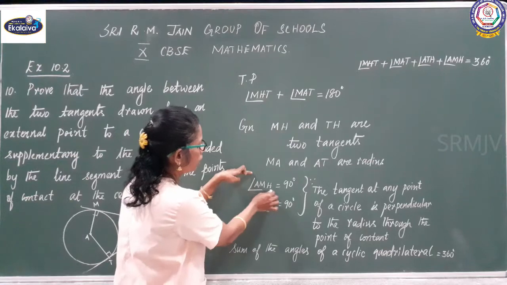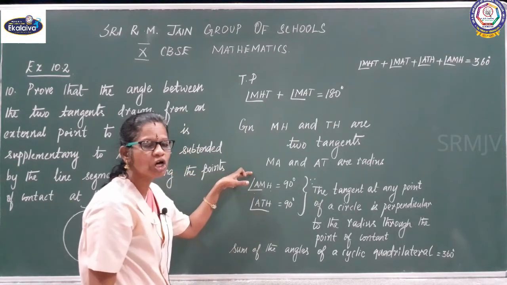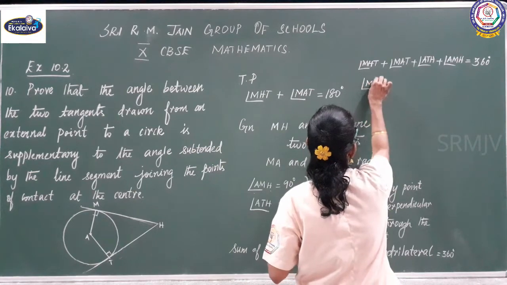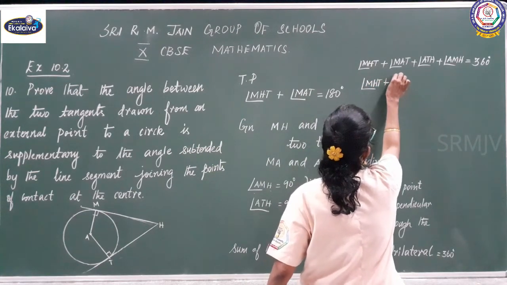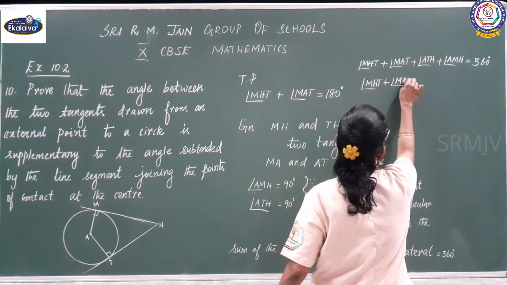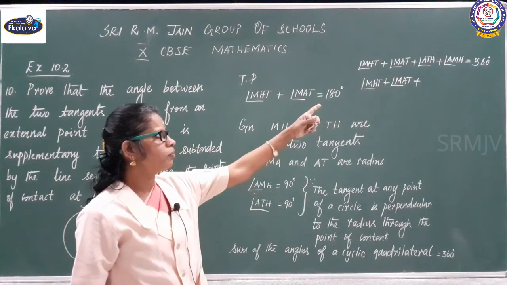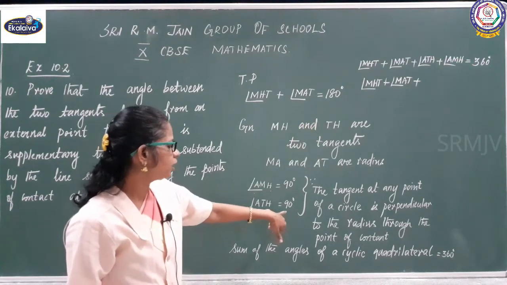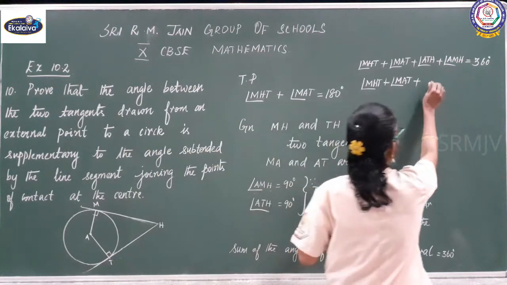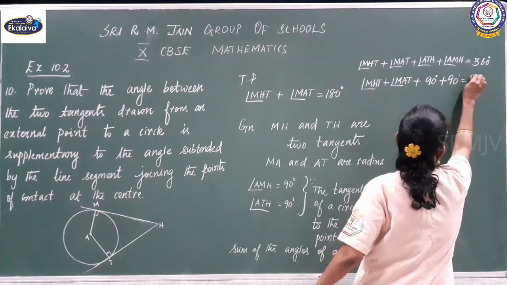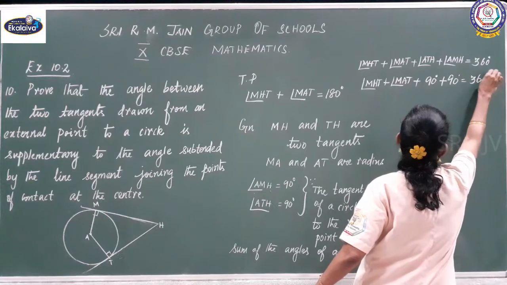Already we have AMH and ATH, both are 90 degree, right? So angle MHT plus angle MAT plus, using this we are going to replace ATH and AMH as 90 degree. So 90 plus 90 equal to 360 degree.